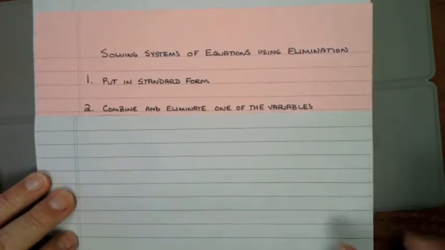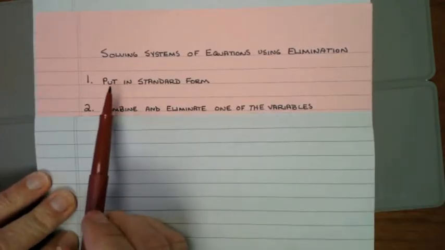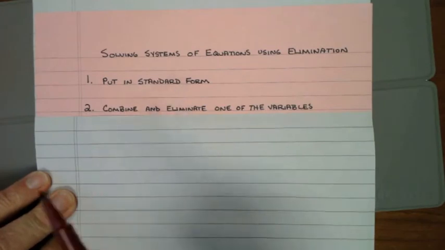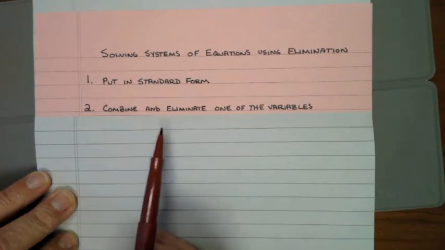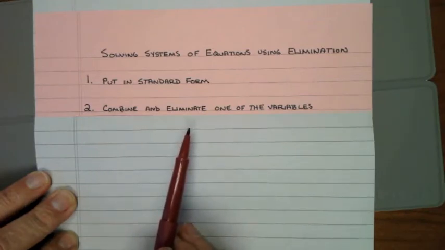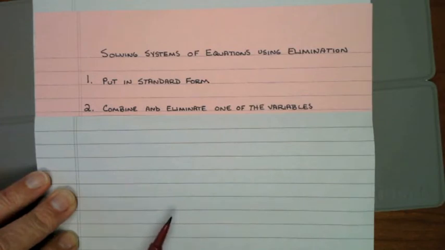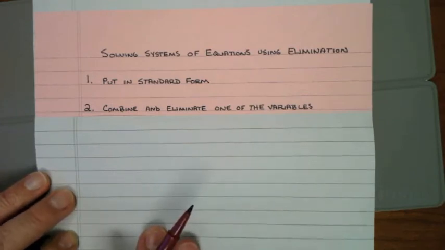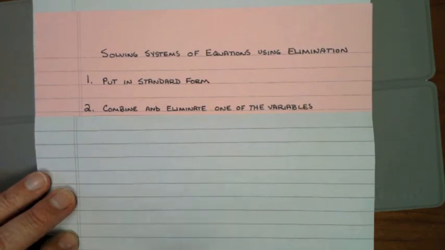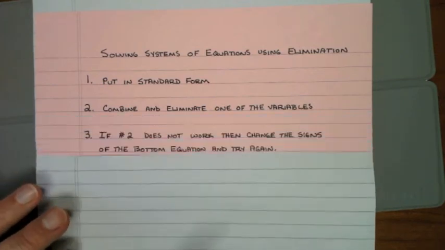So my process for using elimination: make sure it's in standard form, or at least make sure the x's, y's, equal sign, and numbers after the equal sign are all lined up. Combine those two equations together, and hope that one of the variables is eliminated. But what if you try to combine these together and one of the variables is not eliminated?